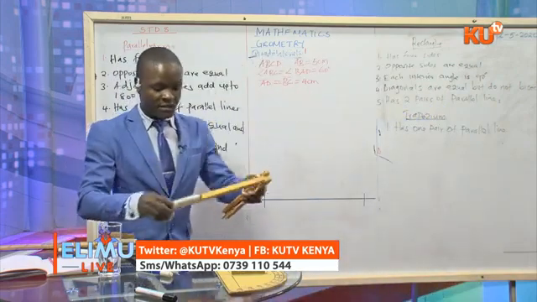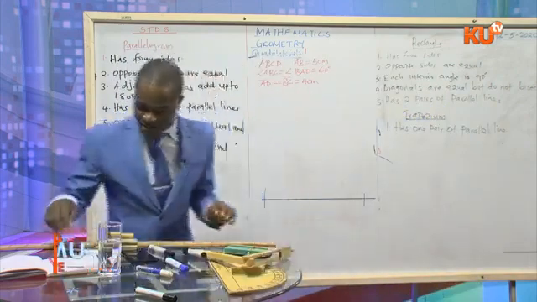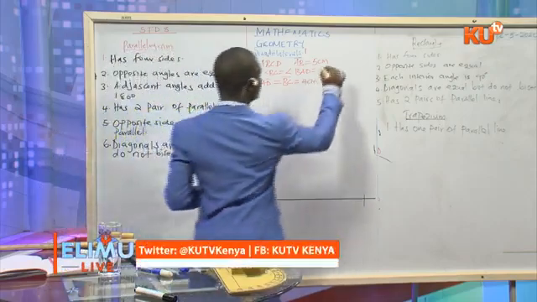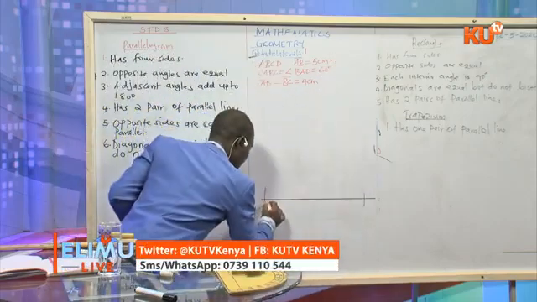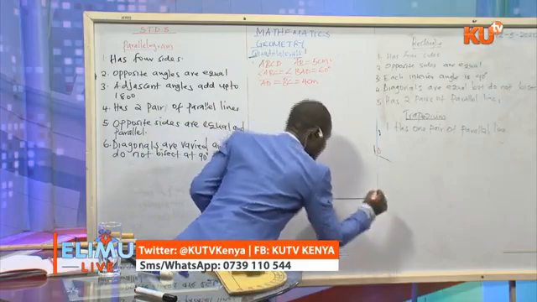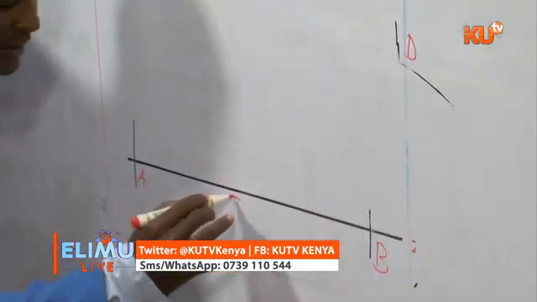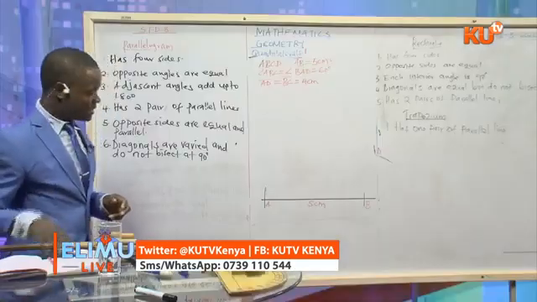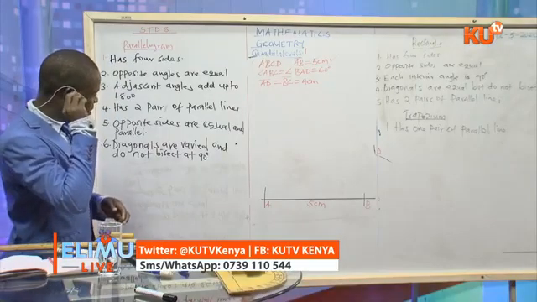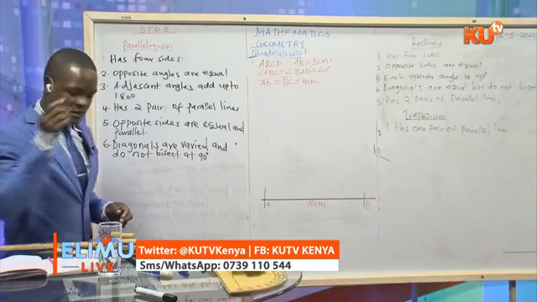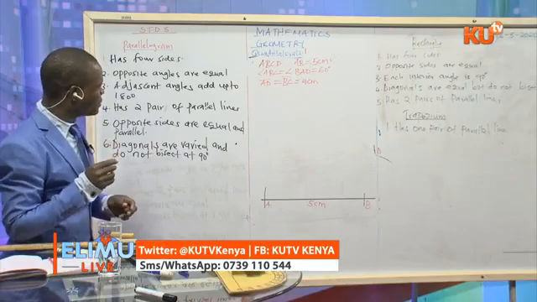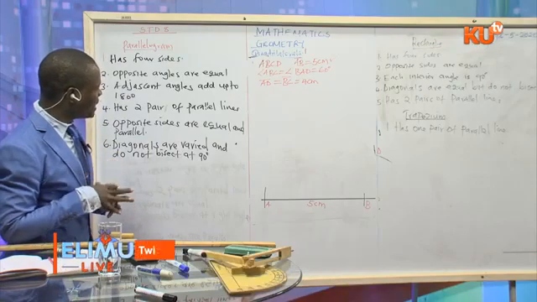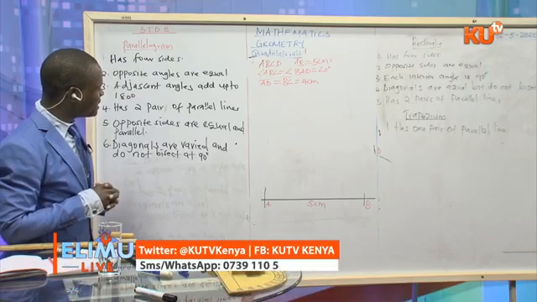So that is line AB. It is important to indicate as you proceed with your construction. Then after that, we are told that line AD and line BC are 4 centimeters.